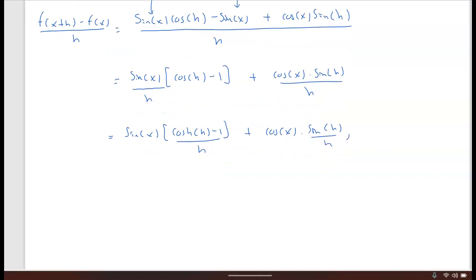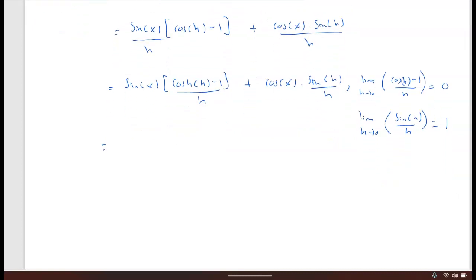Let me rewrite it with the limit. The limit as h approaches 0 of cosine of h minus 1 over h is equal to 0, and the limit as h approaches 0 of sine of h over h is equal to 1.